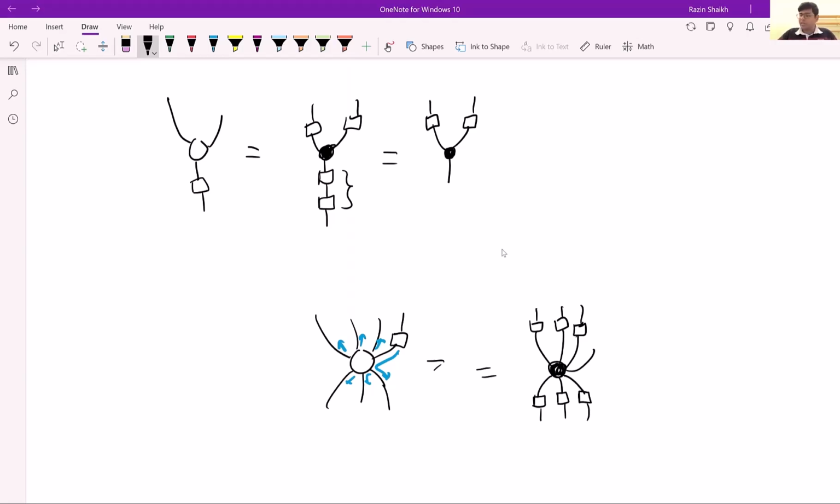So this is like a more dynamic perspective on how the color change box changes colors.